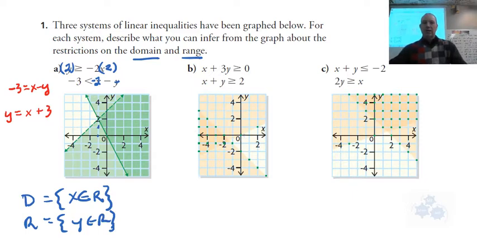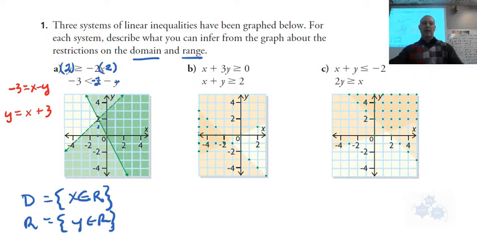Can we tell anything about these two graphs here? Or let's take a look at this one. There's dots here. So what does that mean? Well, these are whole numbers, but they're negative, right? So it looks like the Y values here, the vertical ones, are dots.